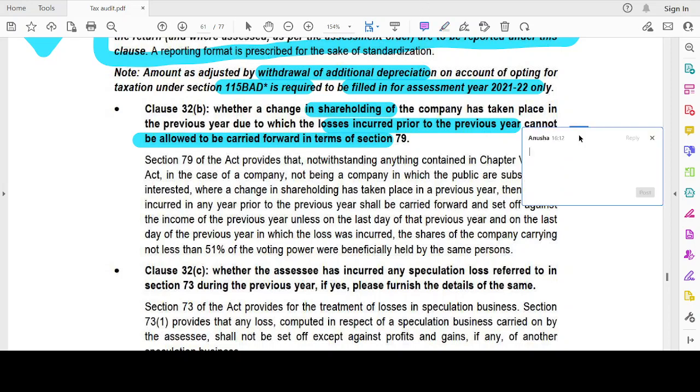Let's, for example, assume that A holds 80% of shares in previous year 19-20.